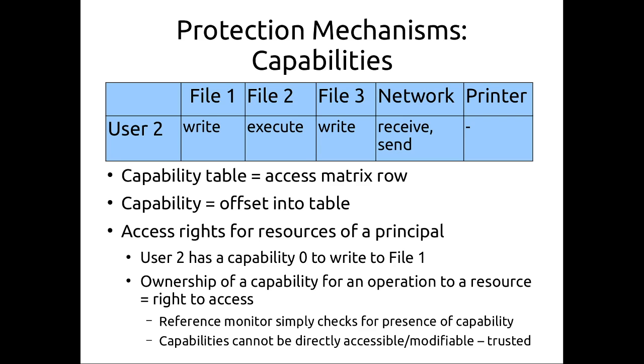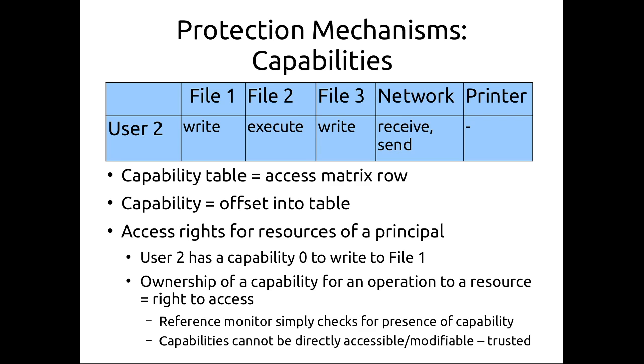So the access rights for a resource are encoded in the capability table, and the notion that you have a capability, which is to say you have an entry in your capability table, that capability itself denotes the ability to perform operations on some resource, right?